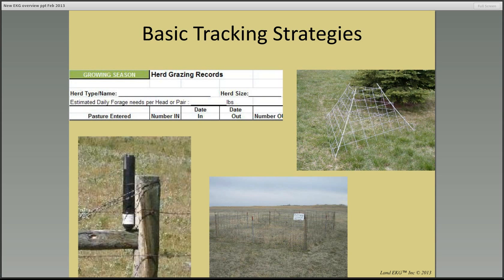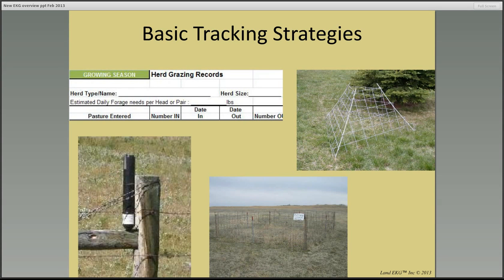This is an example right here of, I mentioned, keeping track of grazing records. If nothing else, have a simple record, even in your red books or on a spreadsheet, of the herd type that you have, cows and calves, replacement heifers, bulls, culls, yearlings, stockers, whatever it might be, but just the pasture that they went into, how many were in it, when they went in, when they came out, how many came out.